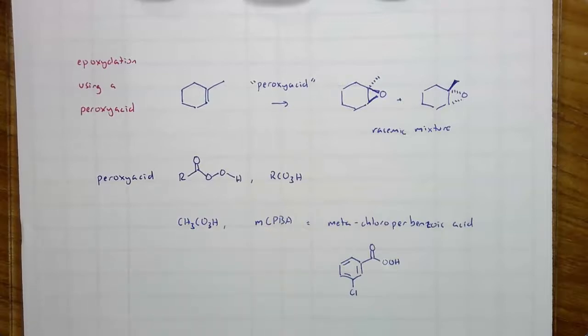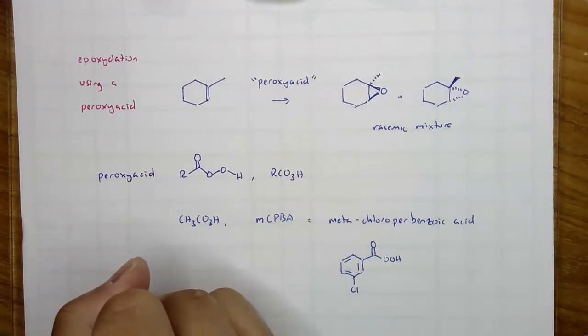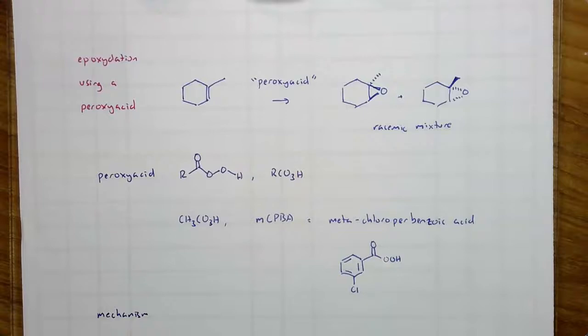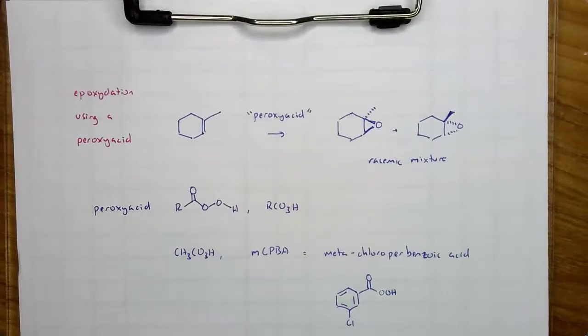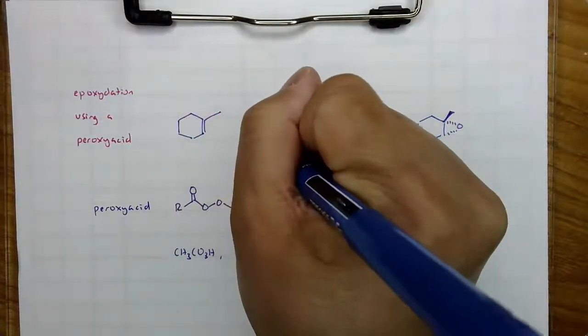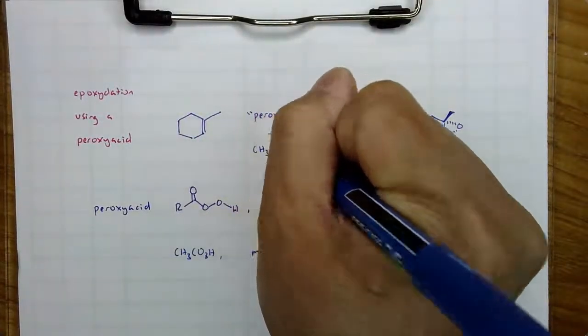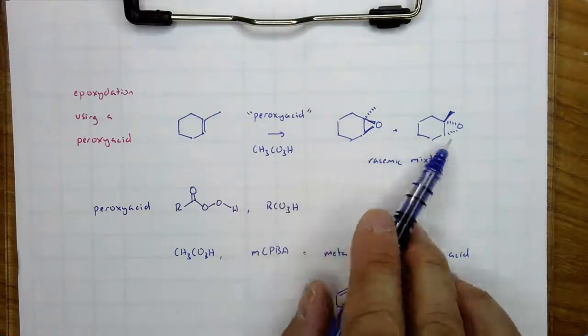Okay. What's happening? The mechanism is really interesting, I think, because honestly, which oxygen? So let's say, let's just use methyl, CO3H. Which oxygen is the one being added to the double bond to make the epoxide?